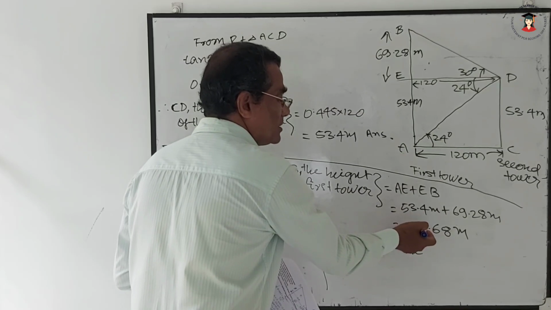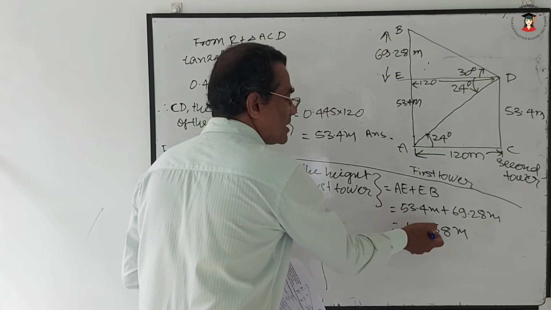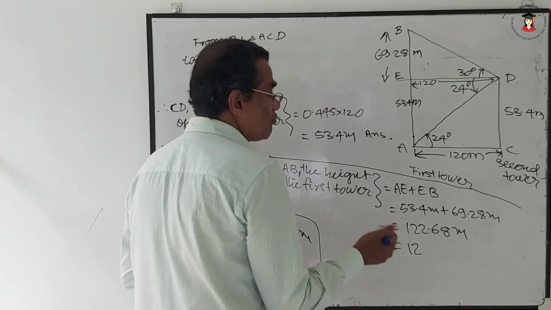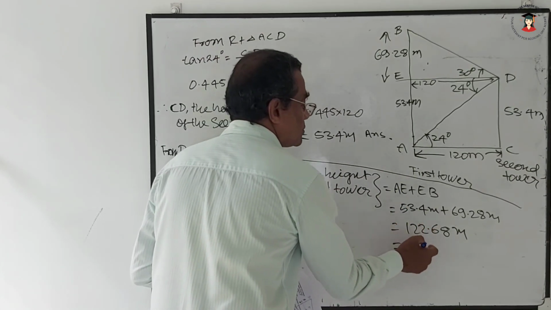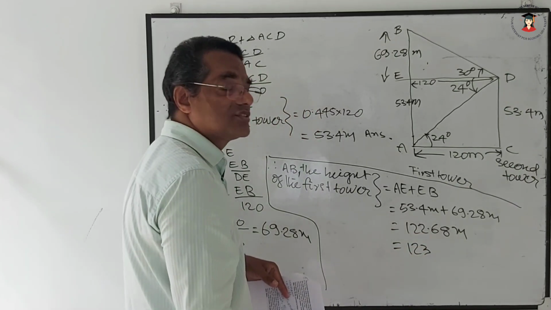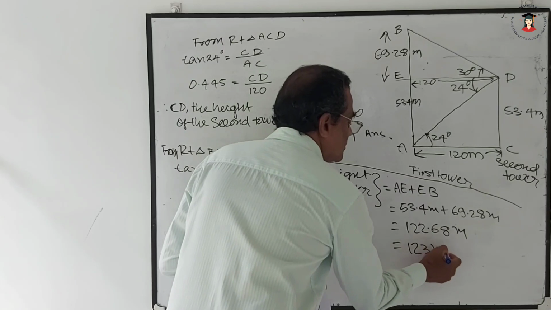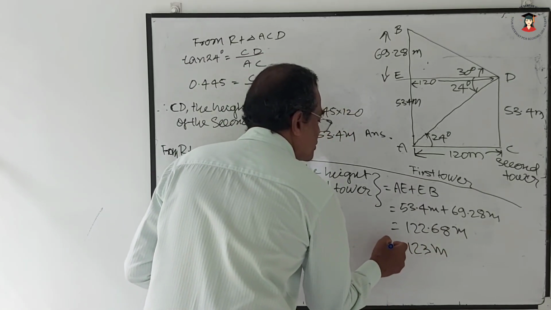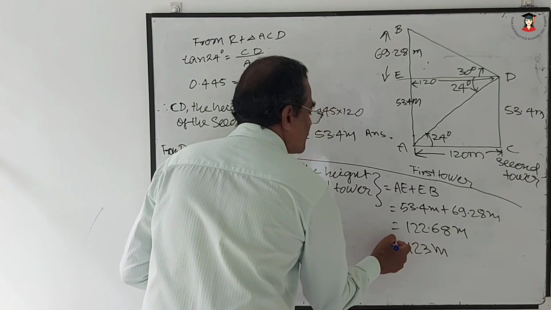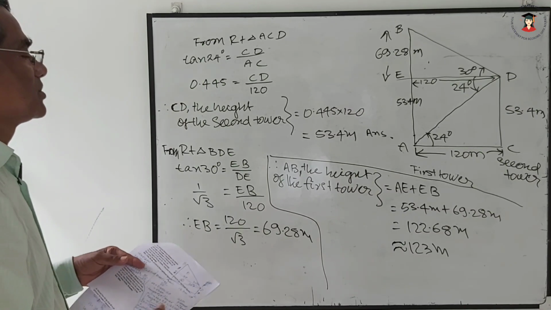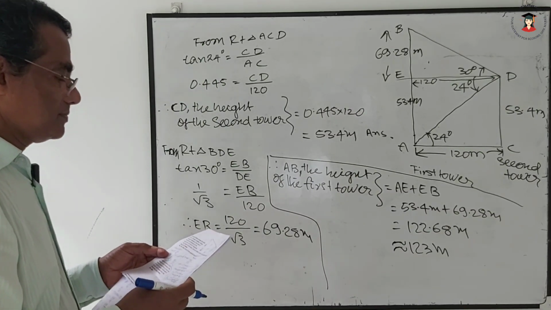Since after this decimal it is a 0.6, we will round it up, so this 2 will become 3, and we write 123 meter. And that is the answer corresponding to 3 significant digits or 3 significant figures.